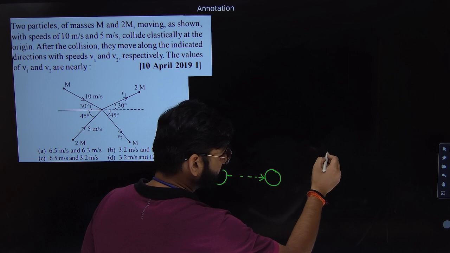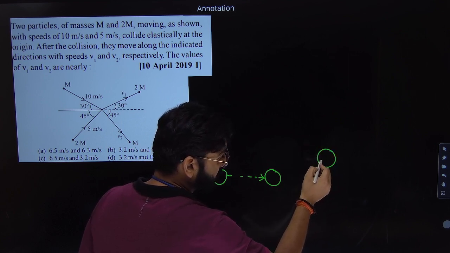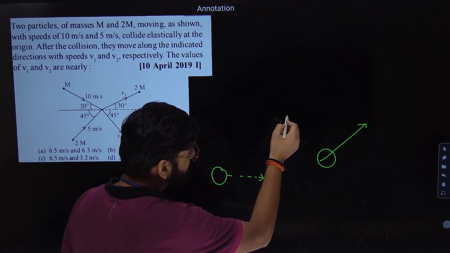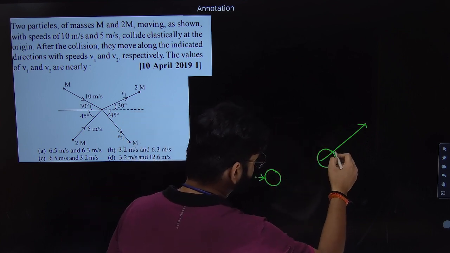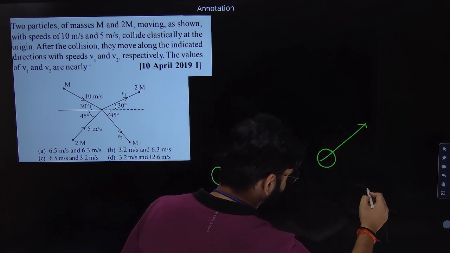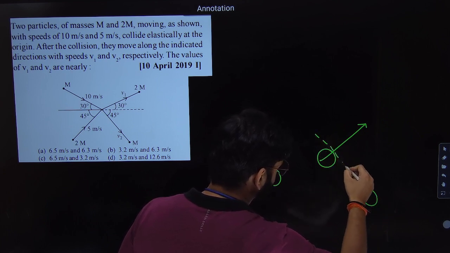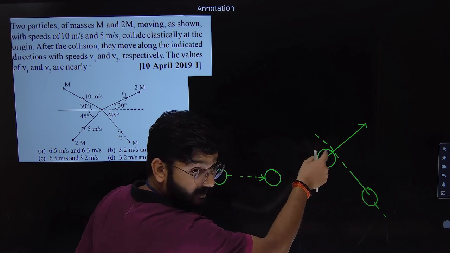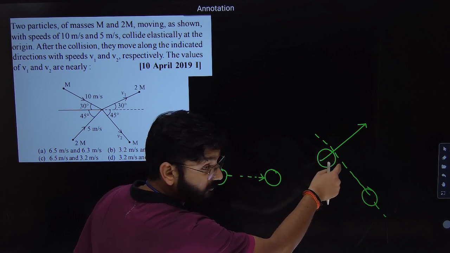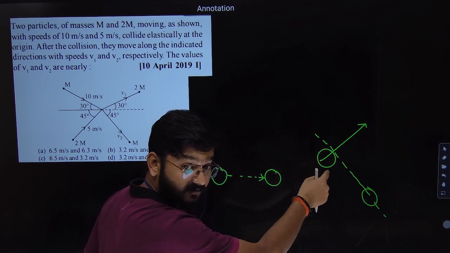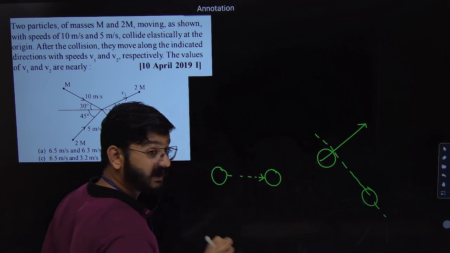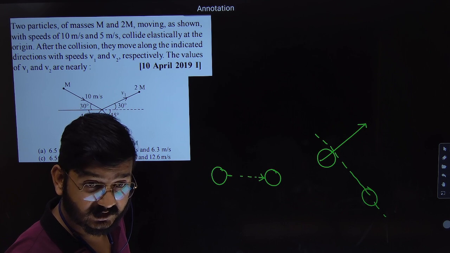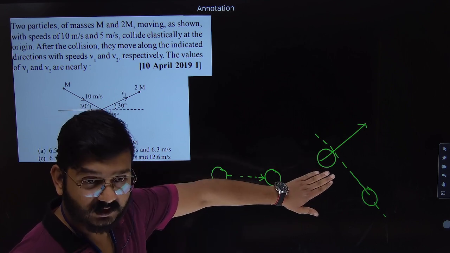But if this is one coin which is moving like this, there is other coin, suppose, which is moving like this. So when this object will hit the second one, it will just move tangential to the surface of first object. This type of collision is called oblique. This is the correct oblique collision.